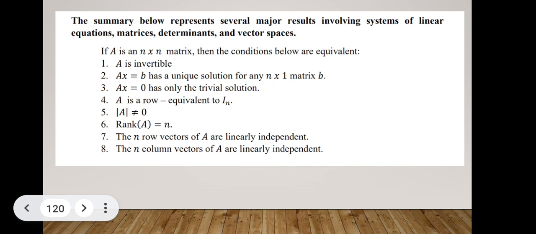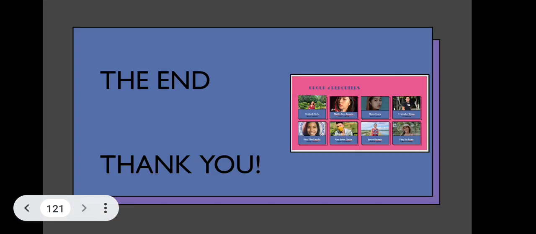Fourth, A is row equivalent to I sub n. Fifth, the determinant of A is not equal to 0. Sixth, rank A = n. Seventh, the n row vectors of A are linearly independent. And eighth, the n column vectors of A are linearly independent.